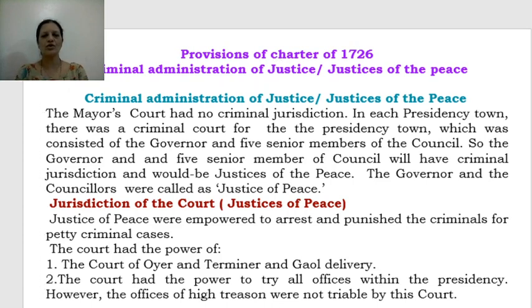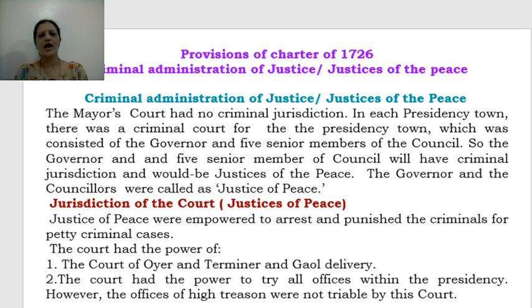Jurisdiction of the justices of peace. The justices of peace were empowered to arrest and punish criminals for petty criminal cases. The court had the power of the court of oyer and terminer and gaol delivery.